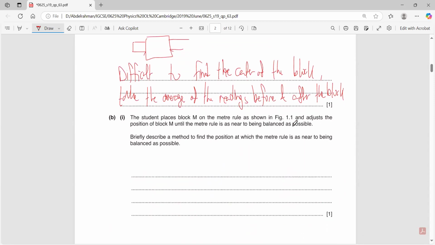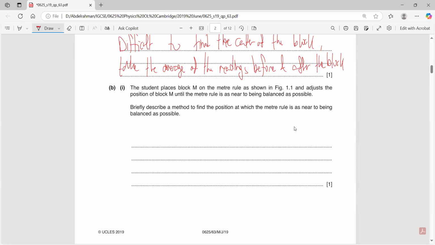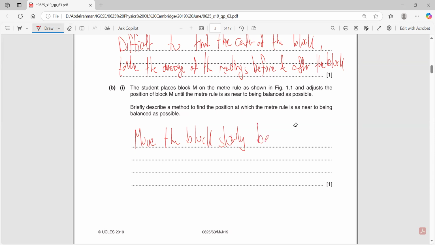So move the block slowly back and forth until the ruler balances.